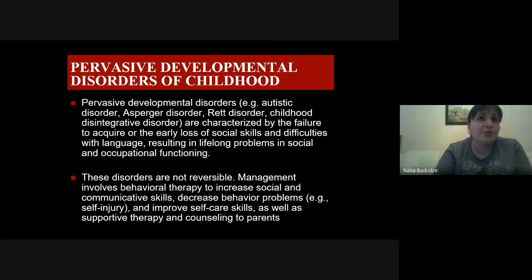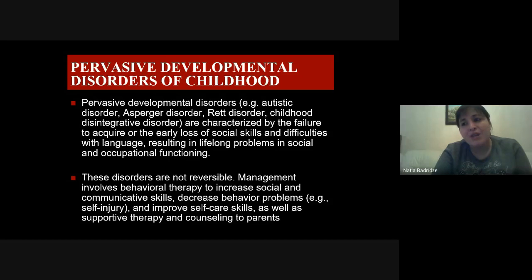Behavioral techniques used to treat pervasive developmental disorders improve self-care skills, and also we might use supportive therapy and counseling or family therapy to increase the social skills of the parents of kids with pervasive developmental disorders.